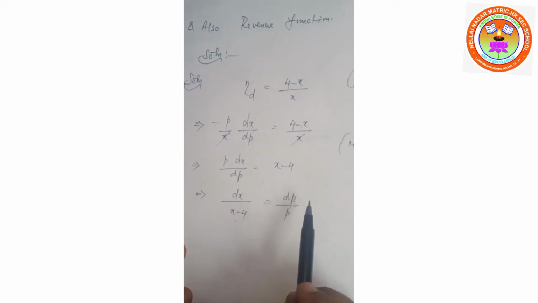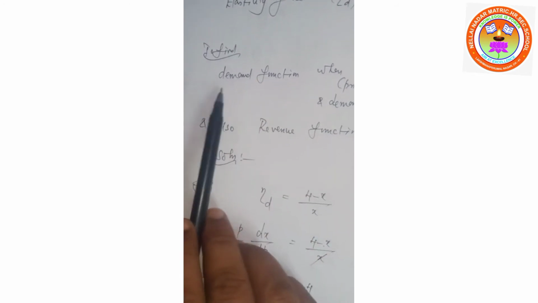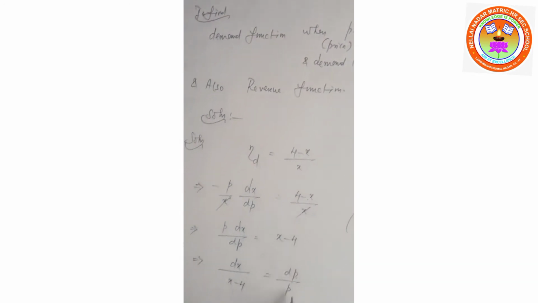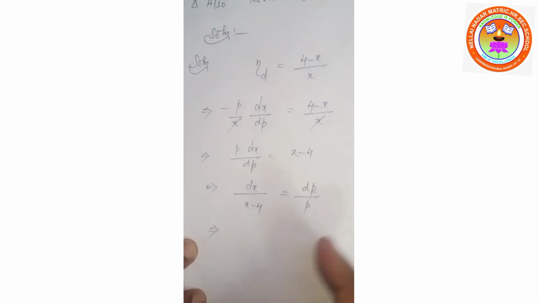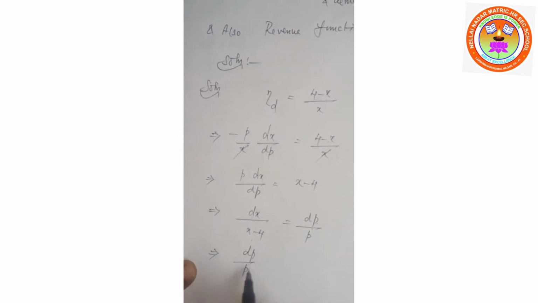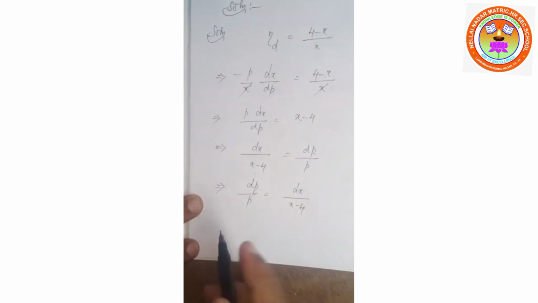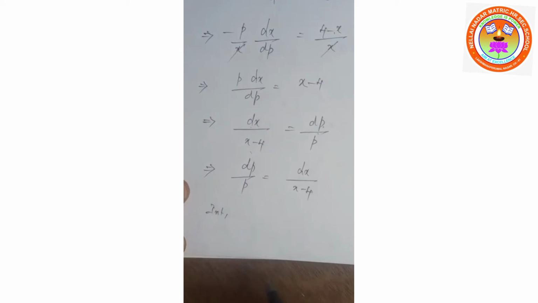You are asked to find out the demand function, correct? So demand function, already told you, p in terms of x. So p has to be retained in the left hand side, so we can interchange both RHS and LHS. dp by p, that is equal to dx by x minus 4. Now integrating on both sides.